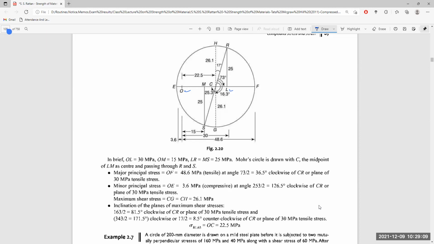The maximum shear stress CG, that is CH, is equal to 26.1 MPa.